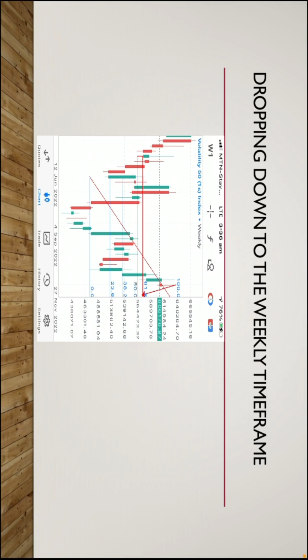Understand? So to measure the retest, we use our Fibonacci from the high to the low to know the next potential retest that this market is going to make, the place where this market is going to touch while retesting.